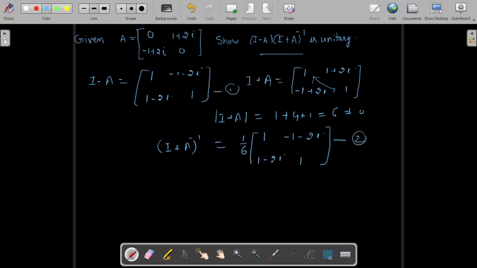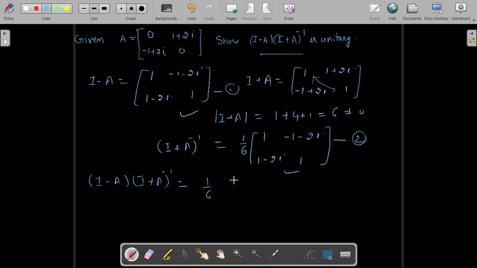Now I have to calculate I minus A into I plus A inverse. Just multiply this matrix with this matrix. So 1 upon 6 as it is, this row into this column: 1 into 1, 1 into 1, and then minus 2 iota minus 1 and minus 2 iota plus 1.